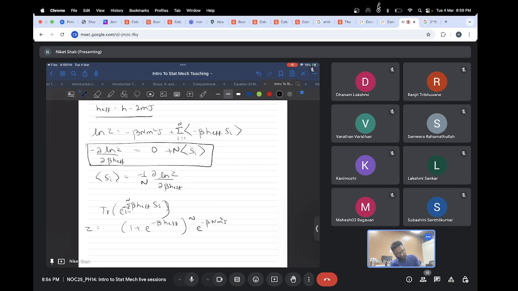So now ln z is equal to n ln of 1 plus e raised to power minus beta h effective, plus some constant c0, which is the ln of the remaining factor.